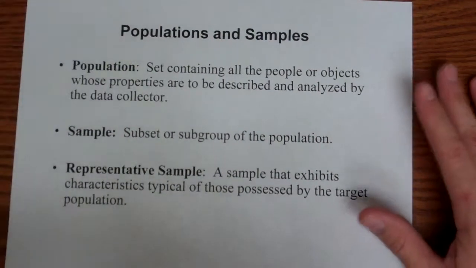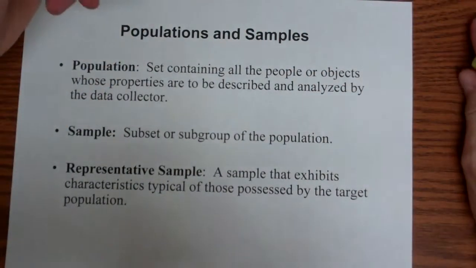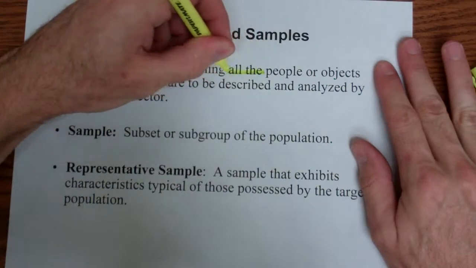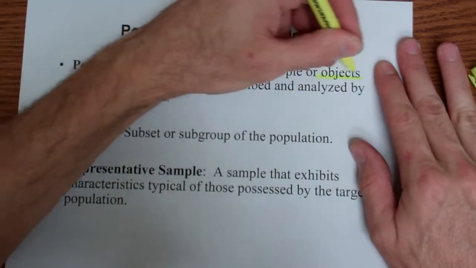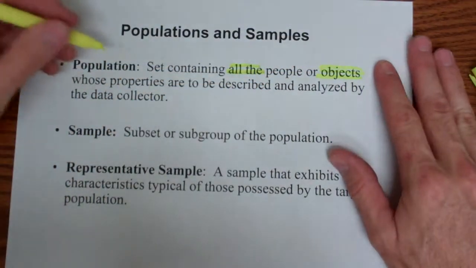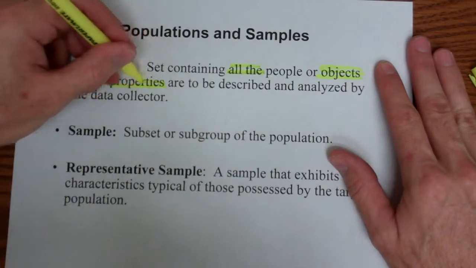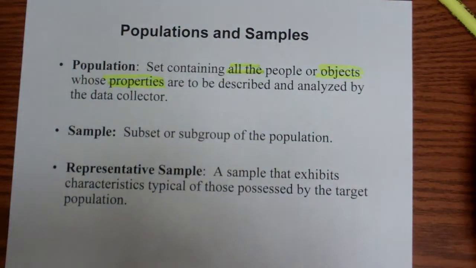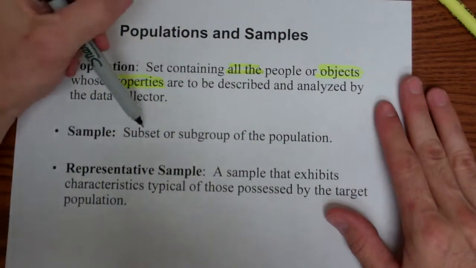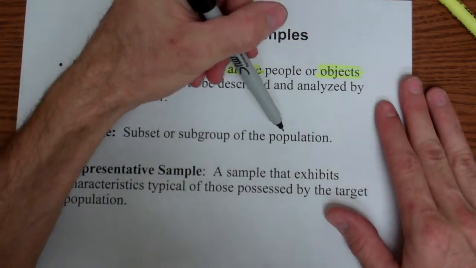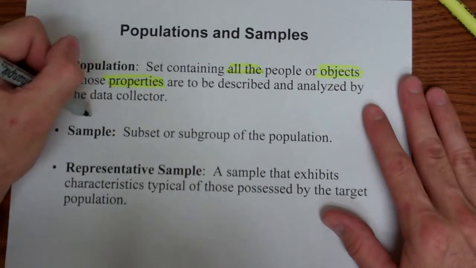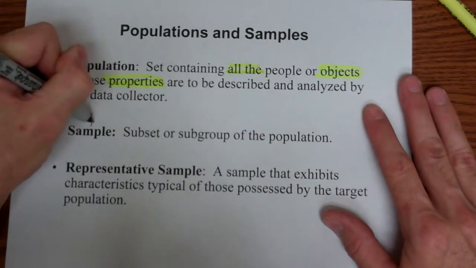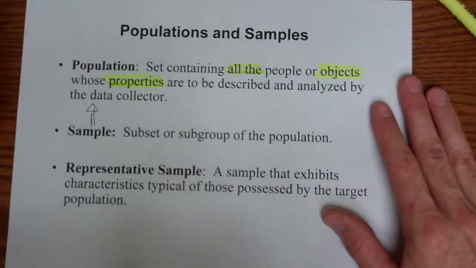All right, so what we're talking about is we want all of the objects who have a property that we are looking at. So all of the objects with a particular property. So a sample is a subset or subgroup of the population. So the sample is taken out of the population.